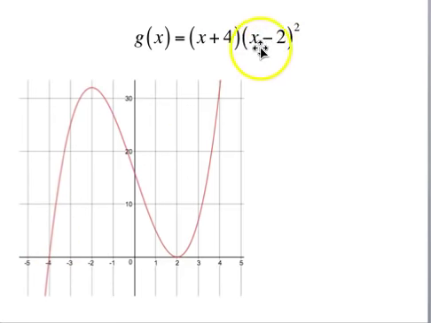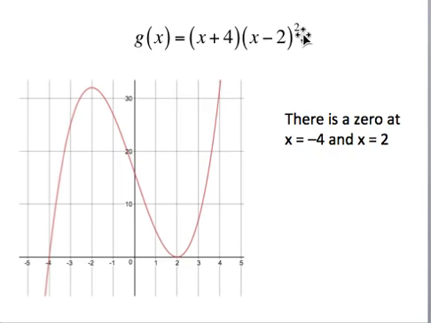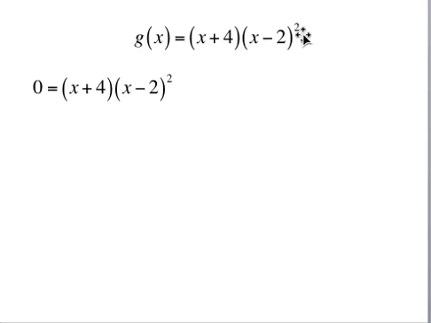But the other 0, which will correspond to when x minus 2 is 0 or when x is 2, that bounces. It hits 2 and then bounces back up. That corresponds to a 0 with multiplicity 2. So indeed, a 0 at -4 and 2, we would find that algebraically as follows. Setting the function equal to 0 to find out when the function crosses the x-axis, when the function equals 0.